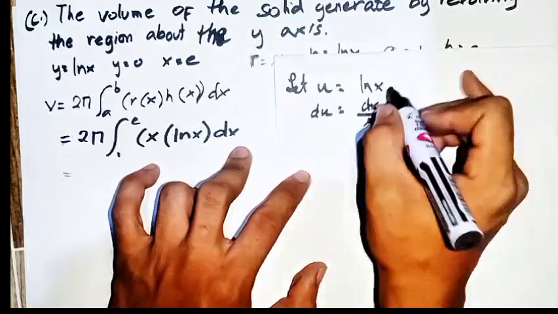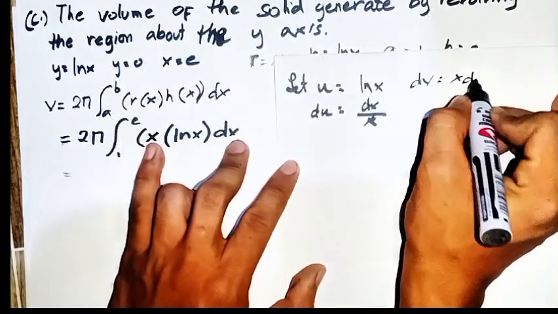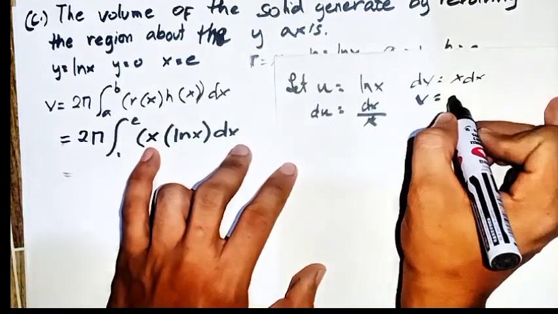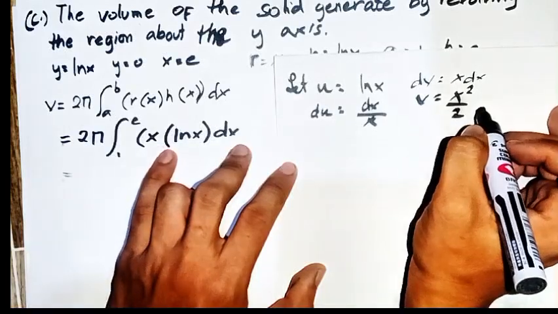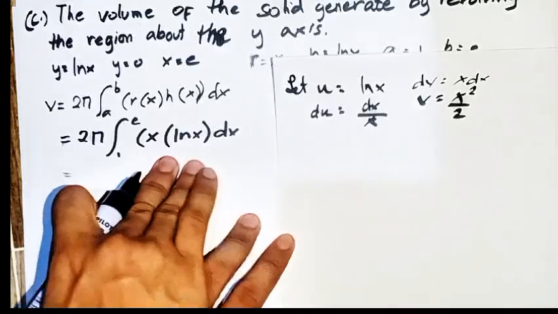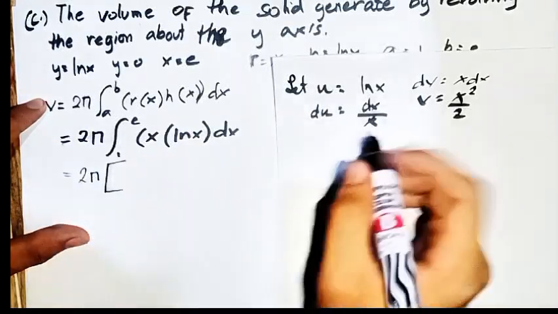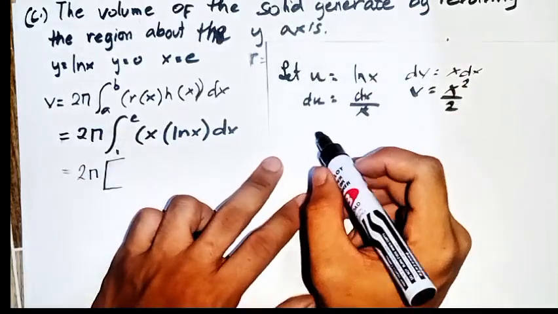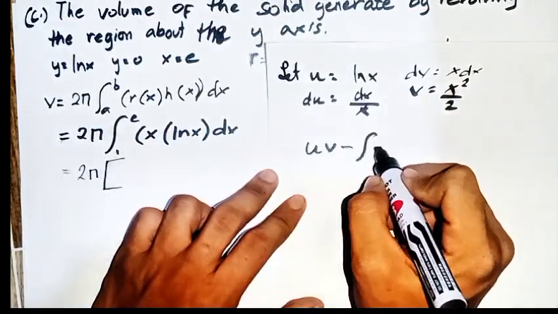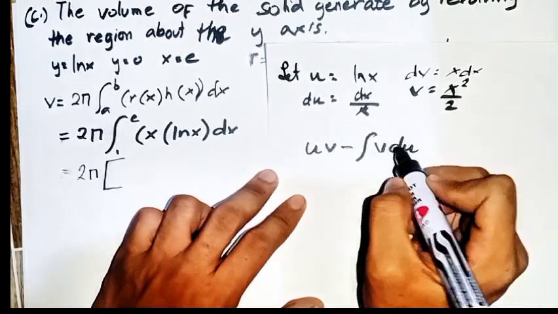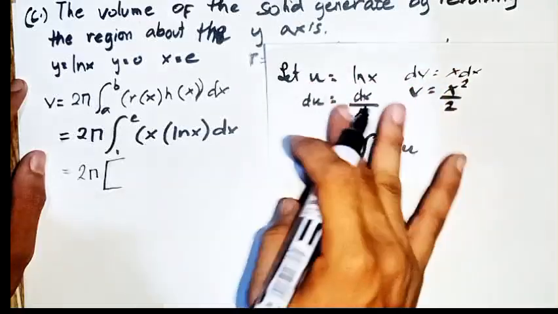Next is the dv, our dv is x dx, and our v is x squared over 2. Now let's put this into our problem. Copy again the 2 pi. The formula for integration by parts is uv minus the integral of v du.